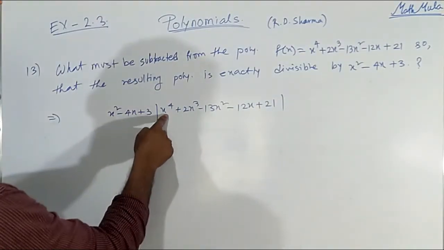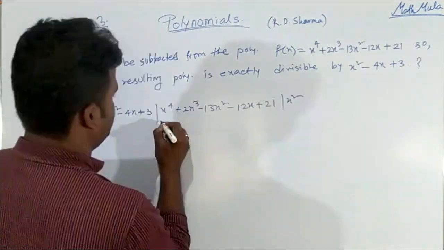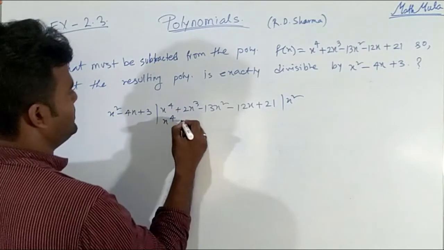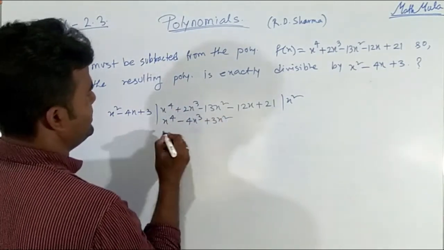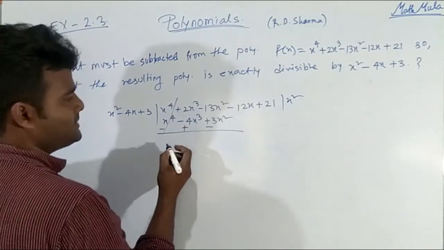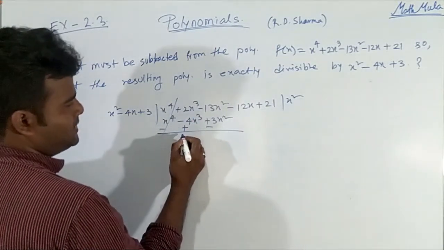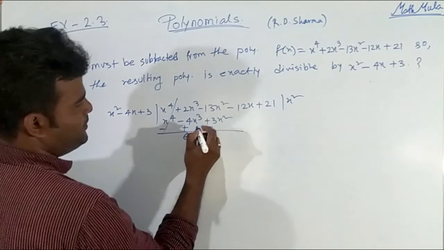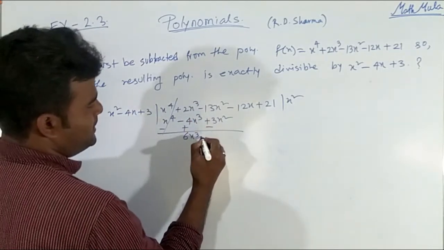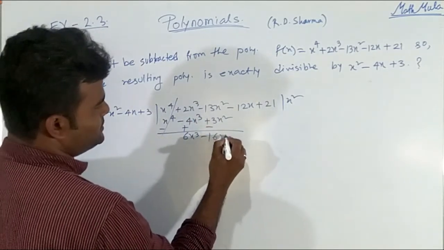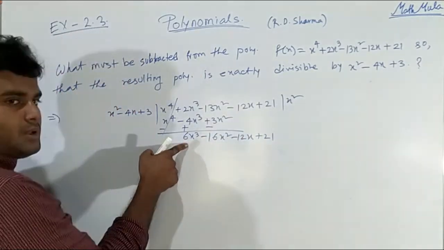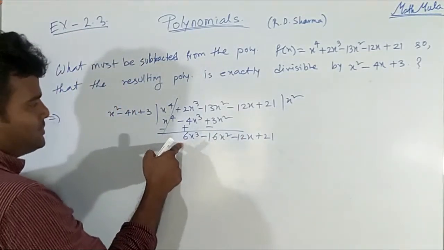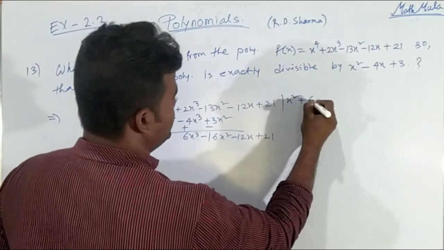Now this is x to the power 4, so we have to multiply by x square. This gives x to the power 4 minus 4x cube plus 3x square. Now subtract it. This will be cancelled, and plus plus will be plus, that is 6x cube, minus minus will be plus, this is also 16x square, this is minus 12x plus 21. Now the leading coefficient is 6, so we have to multiply by plus 6x.